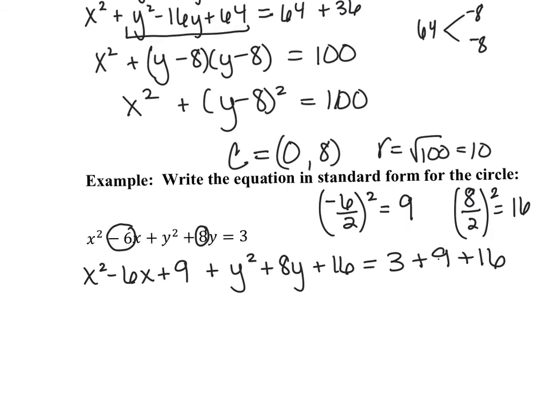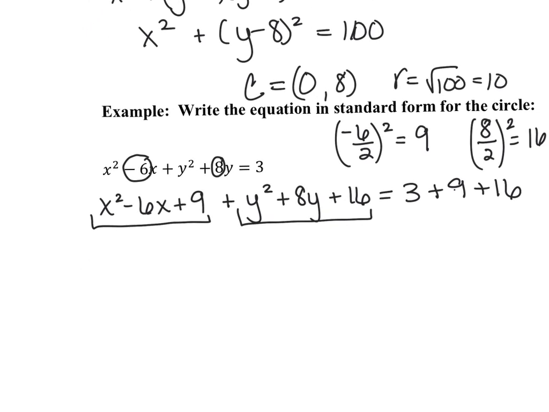So what we're going to do next is we're going to factor this group of terms and then factor this group of terms. So what multiplies to get a 9 that adds to get a negative 6? So if I make a little list over here, 9 would be negative 3 and negative 3.